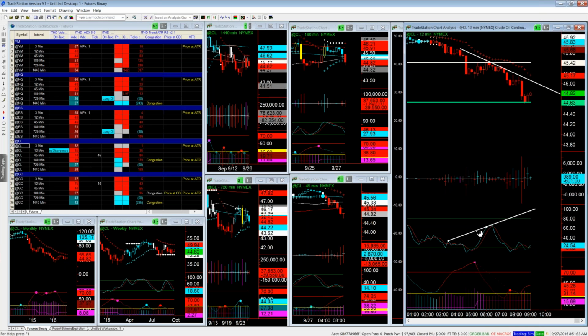You have a magenta peak indicating that you would go back to the ATR. It gets to the ATR, cannot break through the pivot line, cannot break through the ATR. It's probably going to come down to here. Unfortunately, there's no 2-hour binaries on crude at 2 o'clock in the morning.